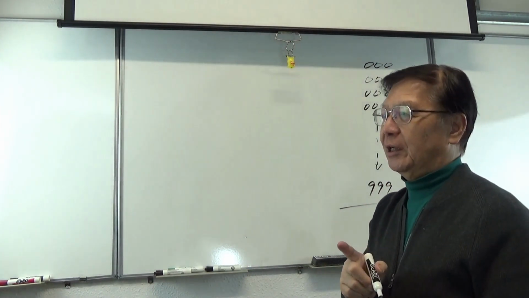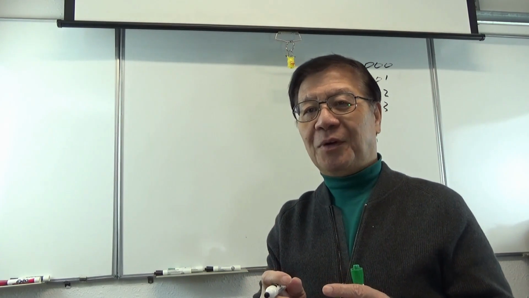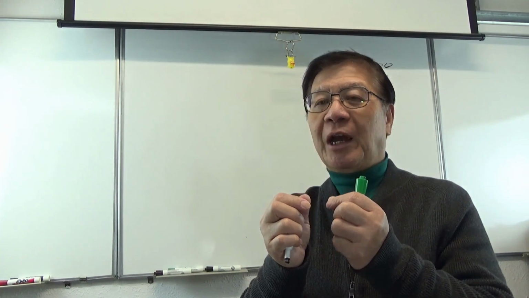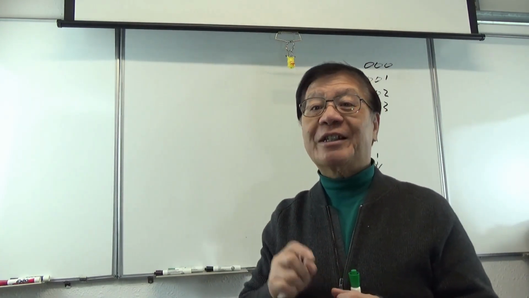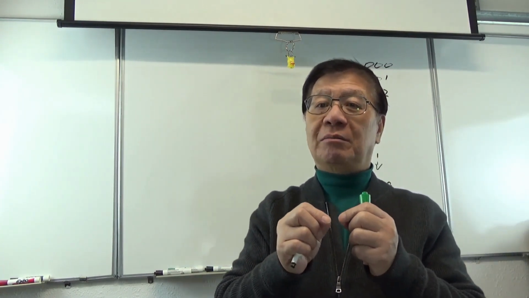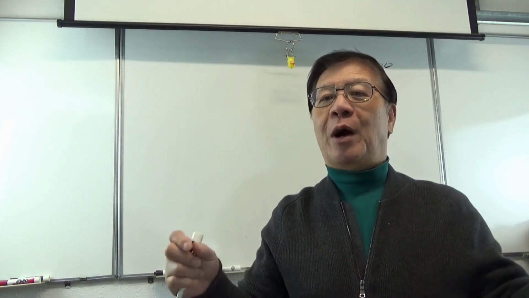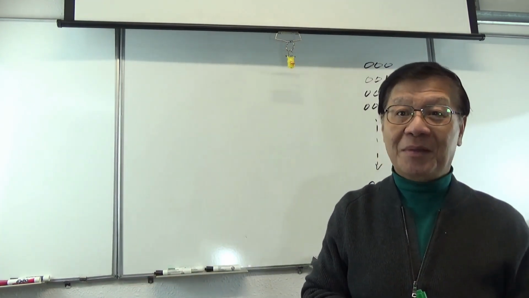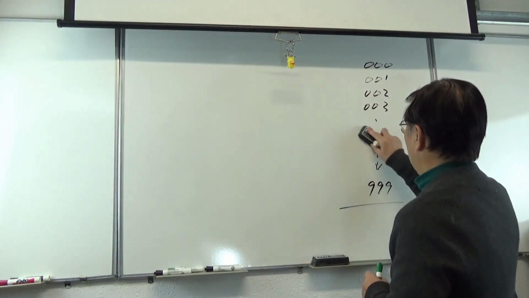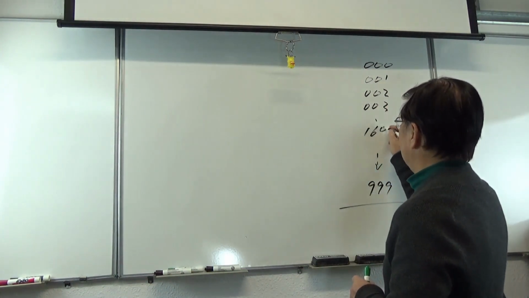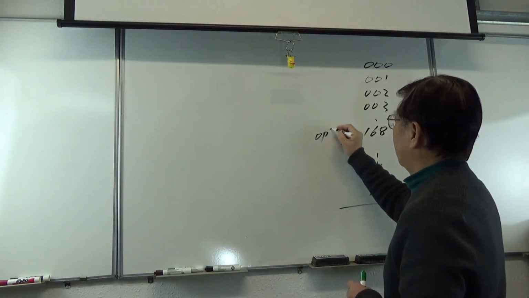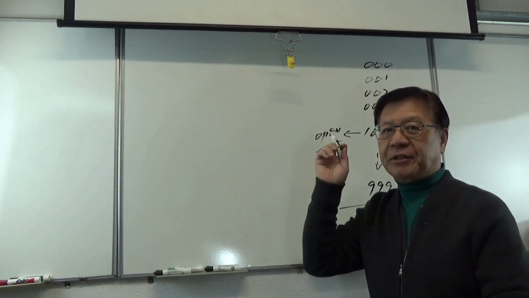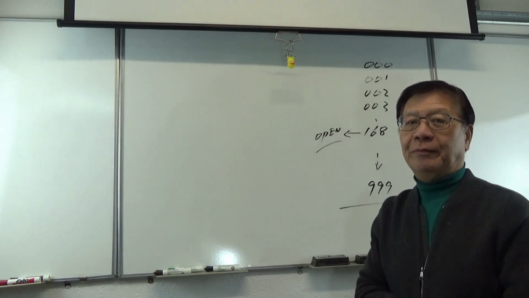A very good example is the combination lock. We turn the little wheels and line up a certain number. That means the lock can be opened. Otherwise, all the rest still keep locking. So, for instance, we say 168, that's open. So a certain number means something, means open.